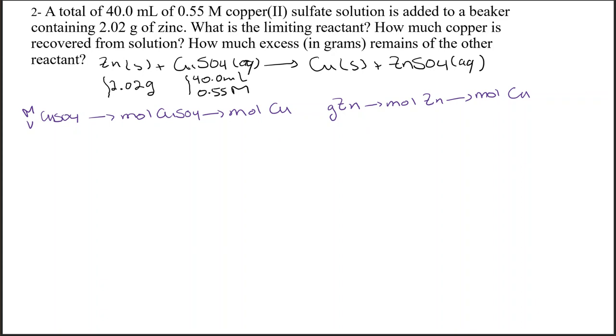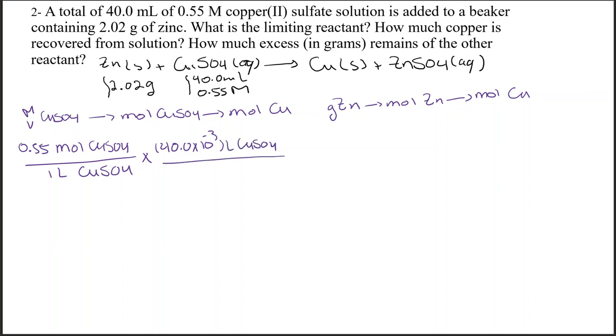So let's start with copper 2 sulfate. We have 0.55 molar. And we have 40 milliliters of this, which needs to be converted to liters. So liter and liter cancel out.